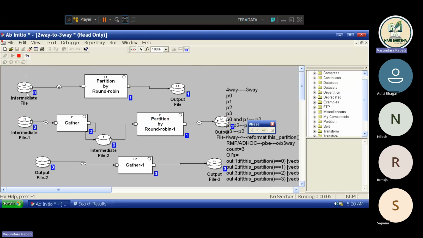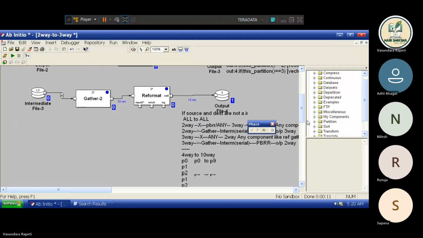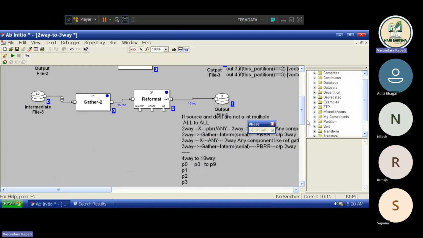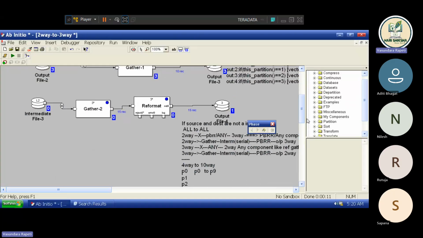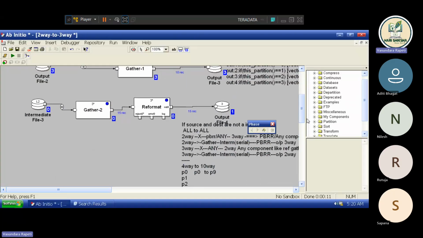Let me check once again. Let it run, then the depth will be shown. Yeah, this is L2, two-way to three-way. Any three-way to two-way is not there. If three-way to two-way is there, then it is possible without broadcasting.